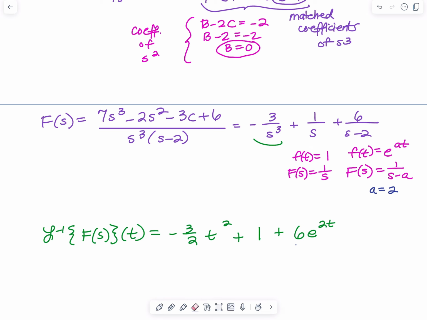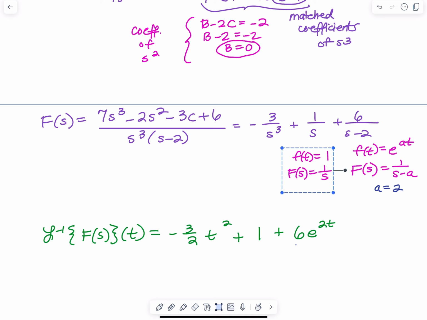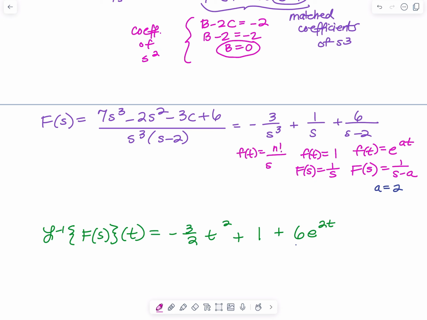And our next one here, if we have f of t is equal to t to the n, the transform is n factorial over s to the n plus 1, which is what we have there.